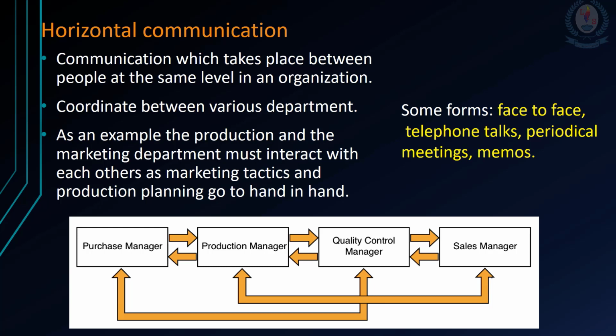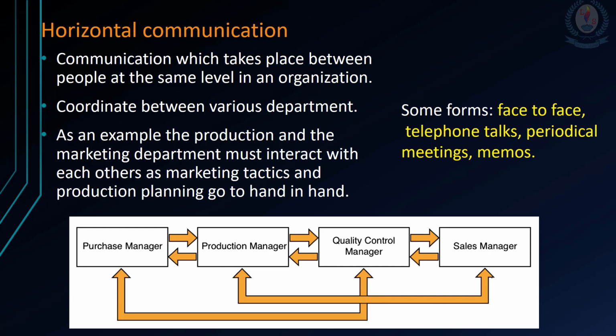As an example, the production and marketing departments must interact with each other, as marketing tactics and production planning go hand in hand. I can also say horizontal communication is beneficial: it promotes understanding, smooth communication and coordination between various departments, and increases teamwork, right?